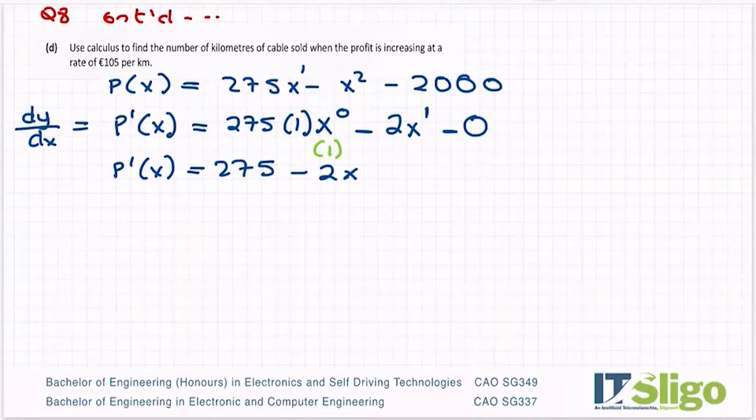Okay, so I hope that makes sense. That's it differentiated. All I've done is find a formula to find out the rate of change. I haven't used this 105 bit yet, but I'm going to use that in a minute.